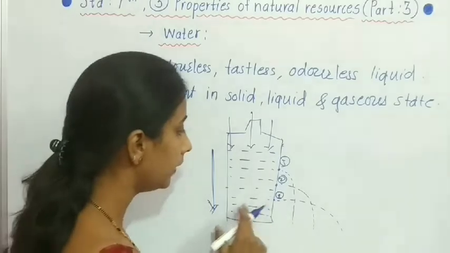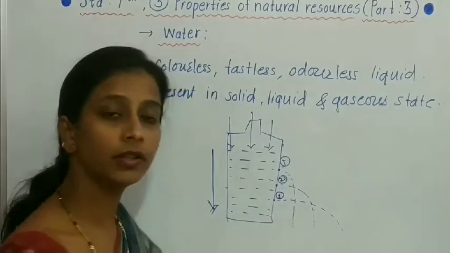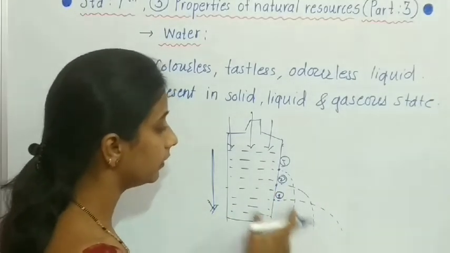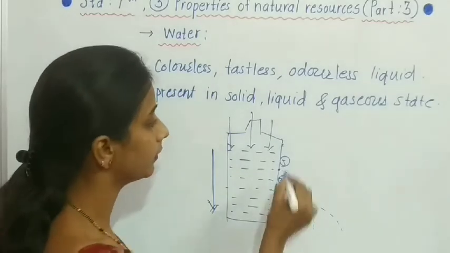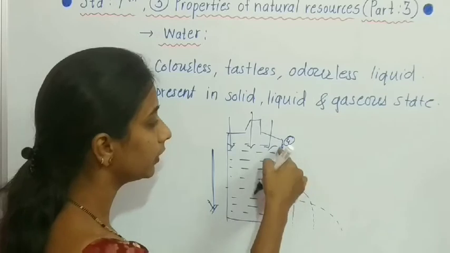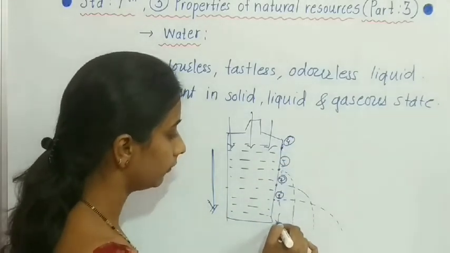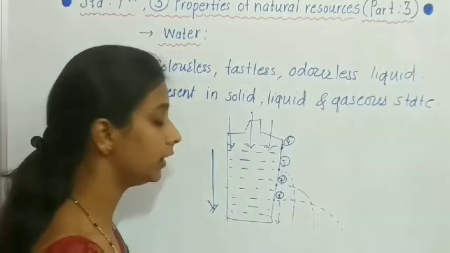So from the first hole, the water is coming out at a large distance, and from the second it is a lesser distance, and from the third a still lesser distance. If we make hole number 4 here, then the water will fall near the bottom.